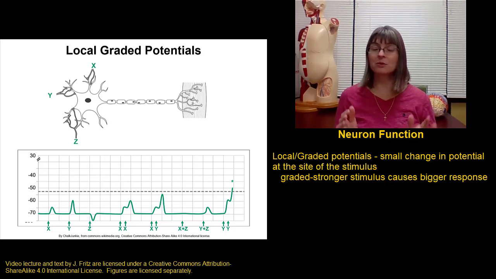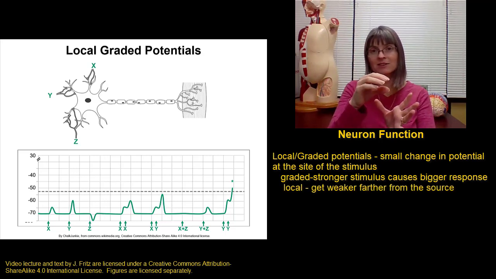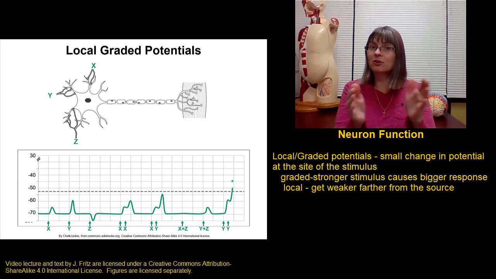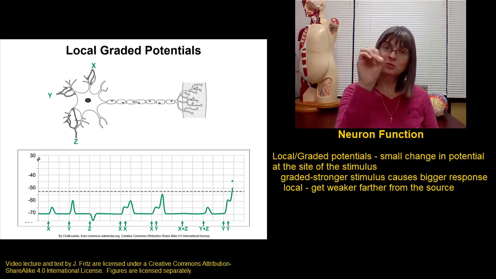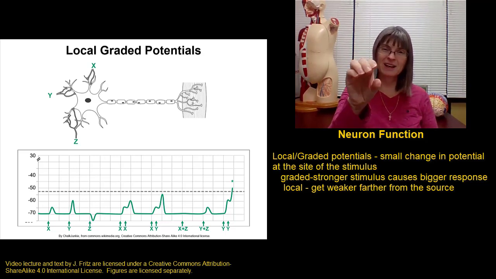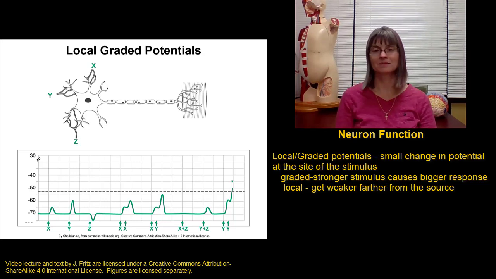These graded potentials are referred to as being local because we have the strongest effect right at the site of the stimulus, but then as you get further from the stimulus, there's a decrease in the amount of membrane potential change. So we get a membrane potential change right where the stimulus occurred, right on that particular dendrite, but we don't have much change further away.